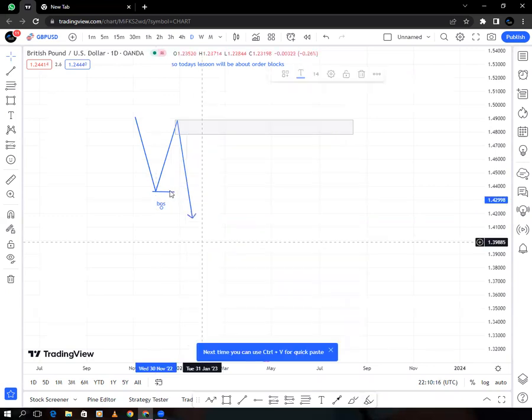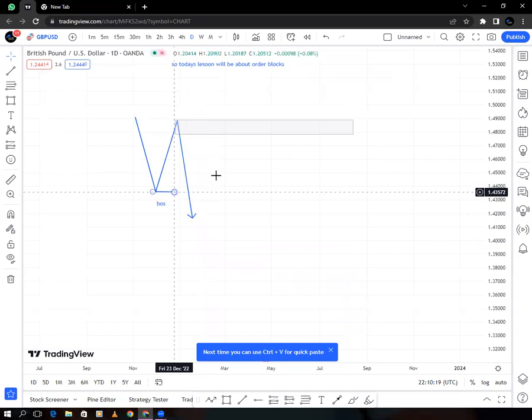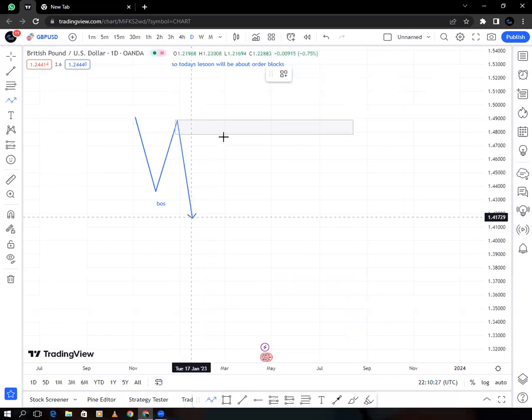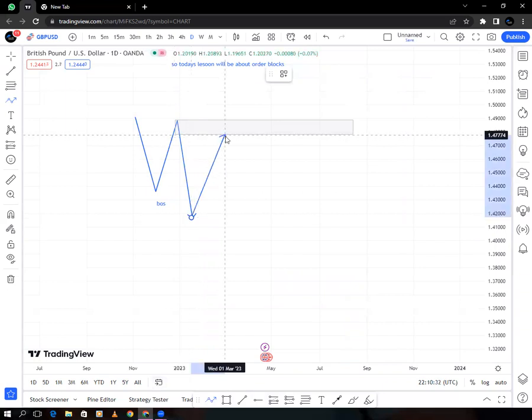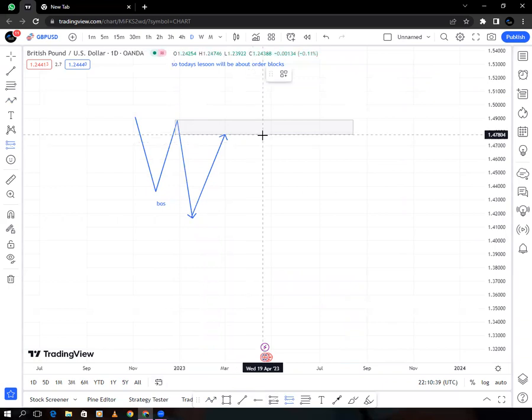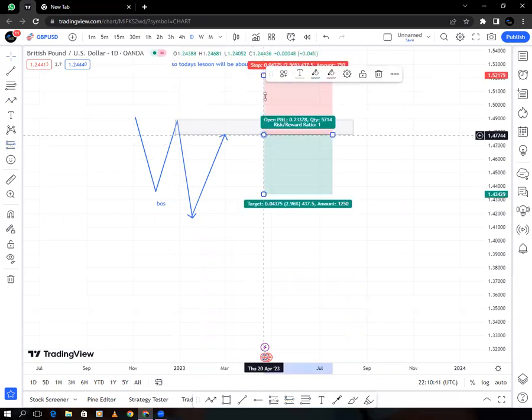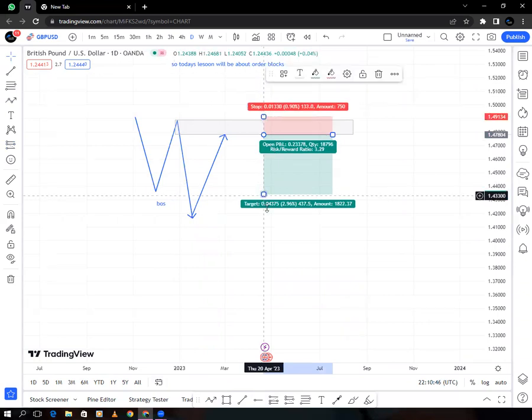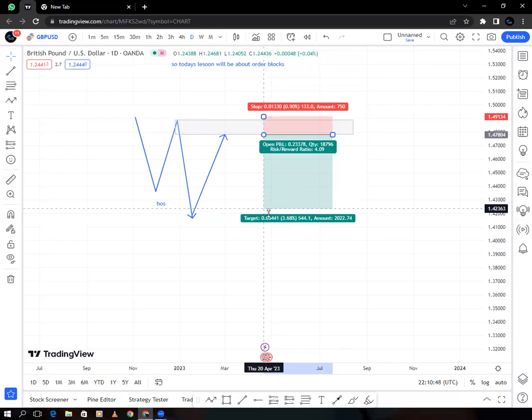So what I'm expecting is the market to come back and mitigate at this order block for me to place an entry. That's how simple we can trade order blocks. We exited the last low.